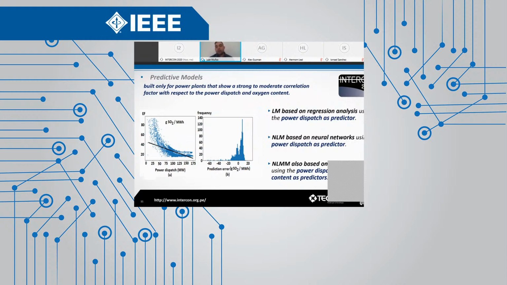And the third one is also based on neural networks, but based on two variables, which are the power dispatch and the oxygen content of the polluting gases. As you can see here, the linear model doesn't represent the behavior of the emission factor very accurately. Here we have the distribution of the error, so it's not a normal distribution.